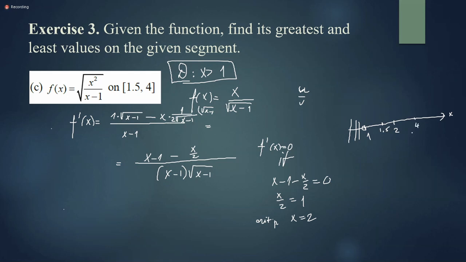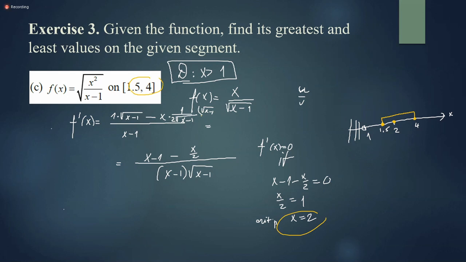The scale doesn't matter really. The distance between points in the diagram doesn't matter. What matters is the correct order. So we are interested in these 3 points: our critical point, and of course the endpoints of that segment.